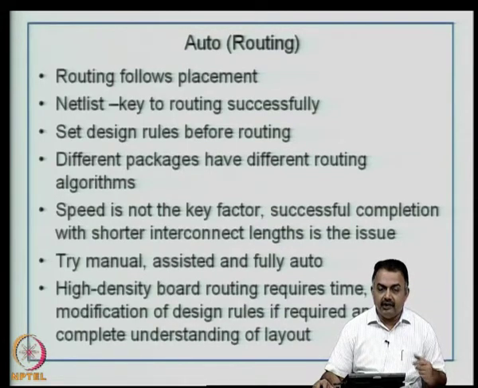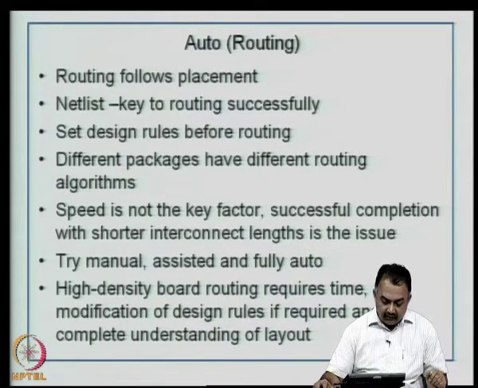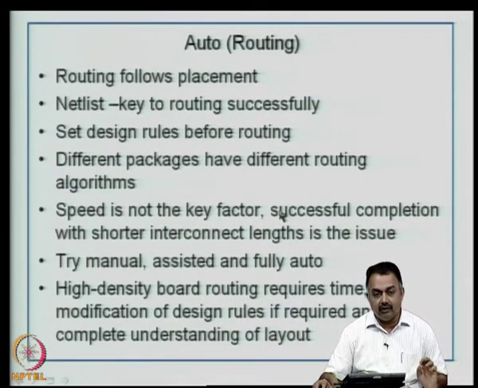Now, in a very dense board, you can give at least 5 to 6 passes and compare which one is efficient in terms of the design rules that you have set. This is time consuming if it is a high dense board, which is very normal. Speed is not the key factor. Successful completion with shorter interconnect lengths is the issue.